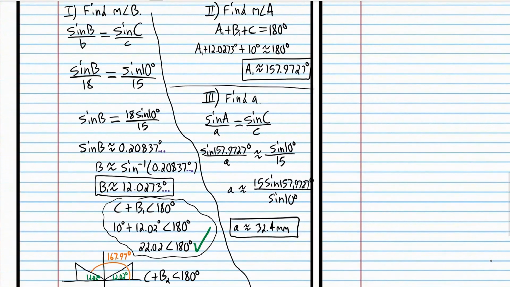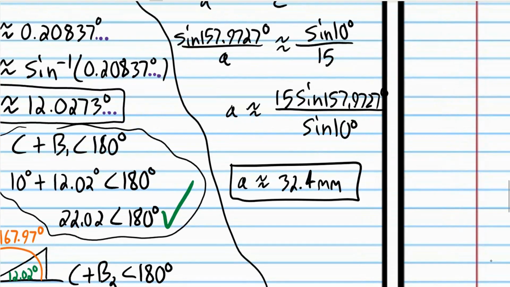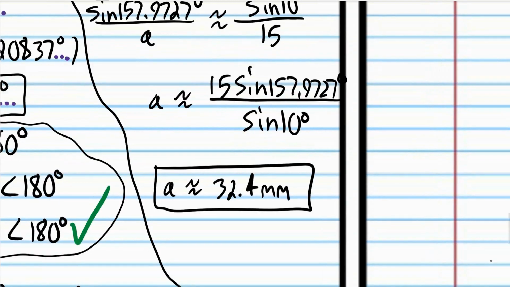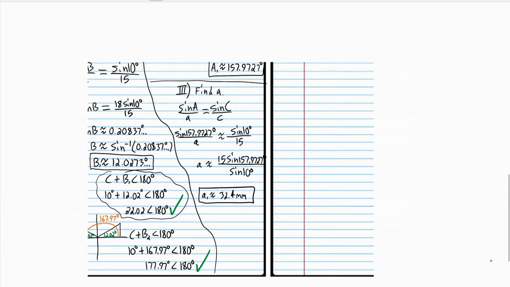And we'll call that A1. That's for the first triangle.